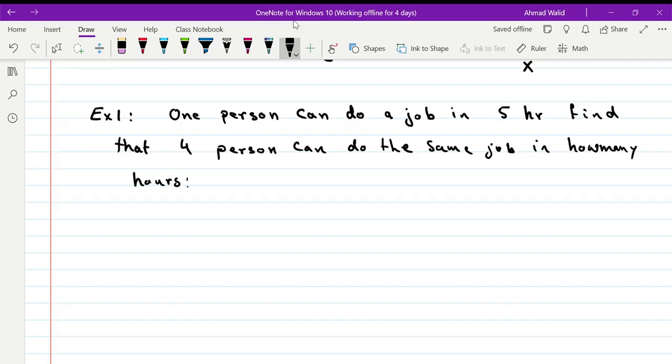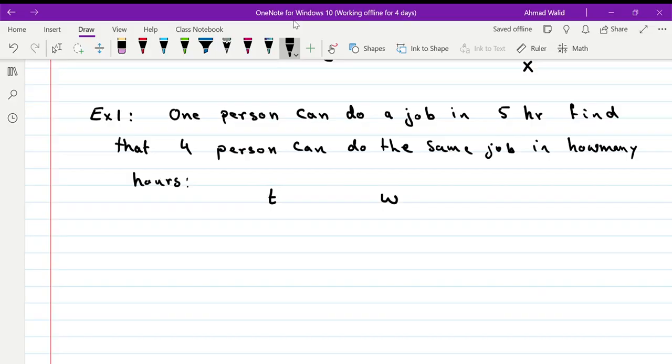Here I'm talking about the job and time, or in general, instead of job, you can say 1 person can finish a work in 5 hours. 4 persons, how long will it take for 4 persons to do the same job or the same work, correct? I'm talking about time and work, correct?